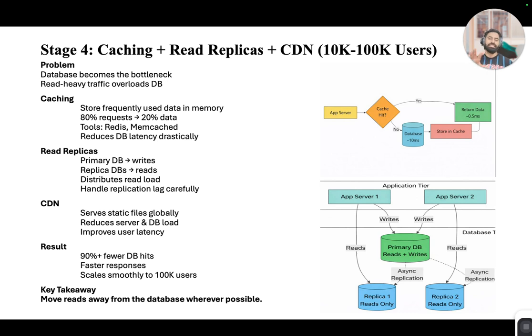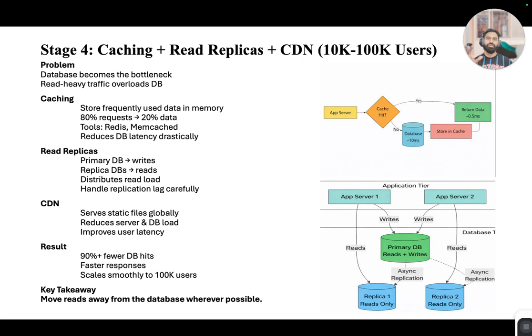So what is CDN? Let's understand first. CDN full form is Content Delivery Network. It stores the static files on servers across the world. These servers are called edge locations. So how does CDN work? Let's say a user in Tokyo requests an image.